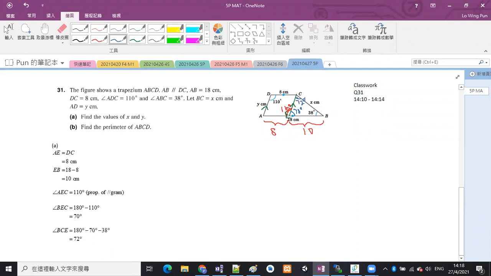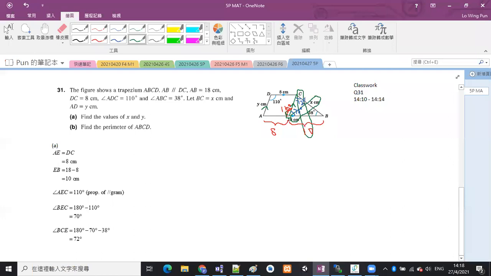So now, in triangle BCE, we have one known pair of corresponding length and angle. And then we are qualified to use the sine formula. And we need to use the sine formula to find the value of x, right? Okay, x and 70 degrees is one pair.